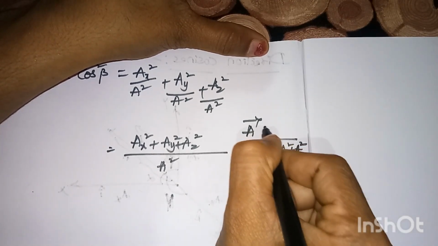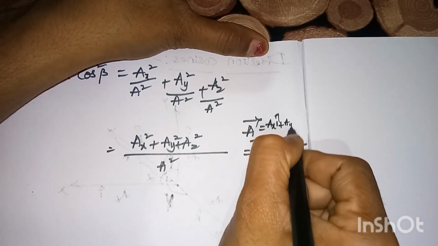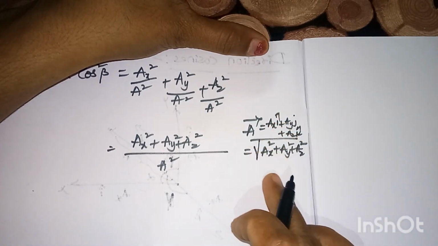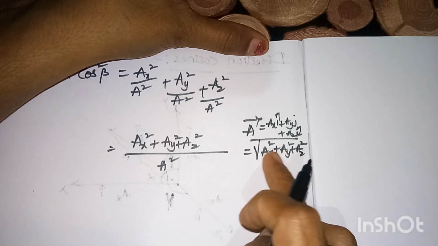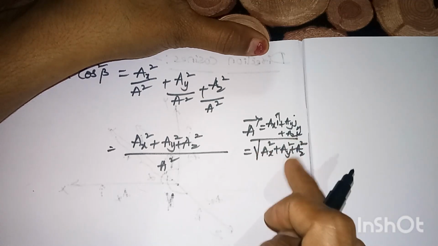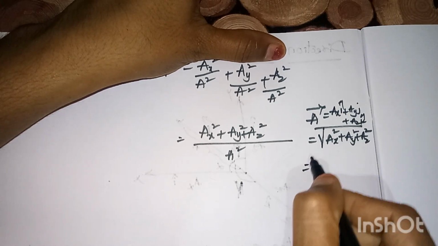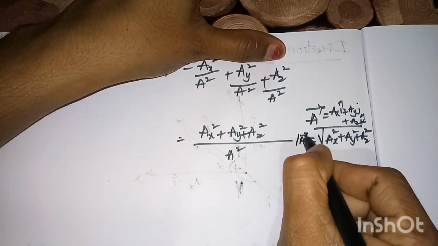You know that a bar vector is written as ax i cap plus ay j cap plus az k cap. So its magnitude is written as square root of sum of squares of components of the vector, under root ax square plus ay square plus az square. This is the magnitude of vector a bar.